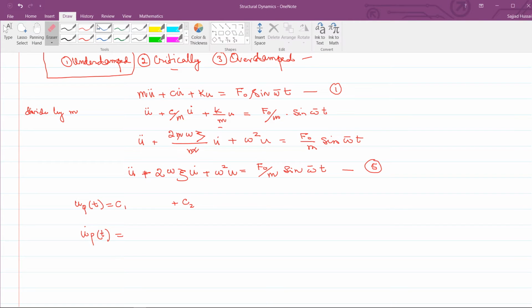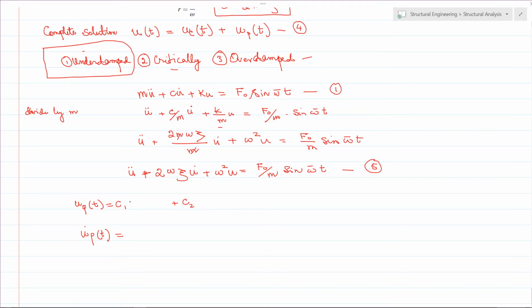That was my mistake: c1 into sine omega bar t plus c2 cos omega bar t.